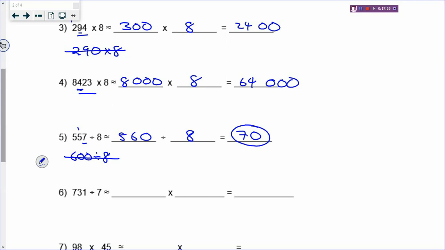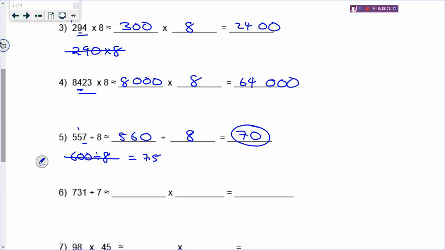So 70 is closer to the actual answer than 600 divided by 8. If you do your working, 600 divided by 8, you get 75. So actually, your 70 is much closer to the real answer compared to 75.